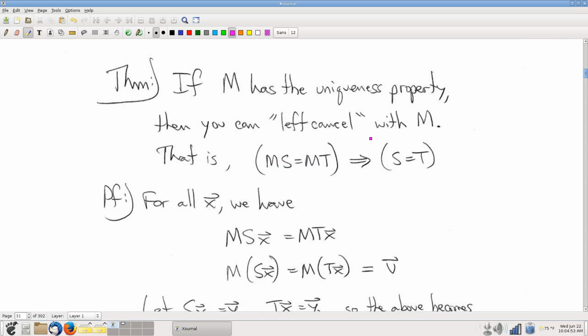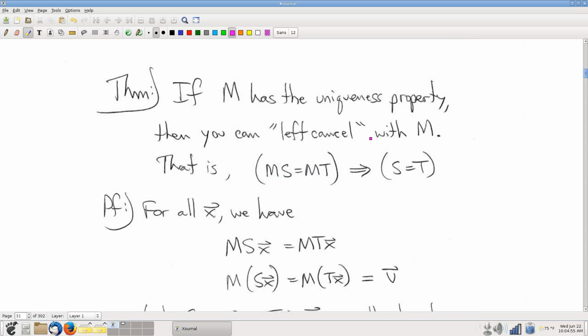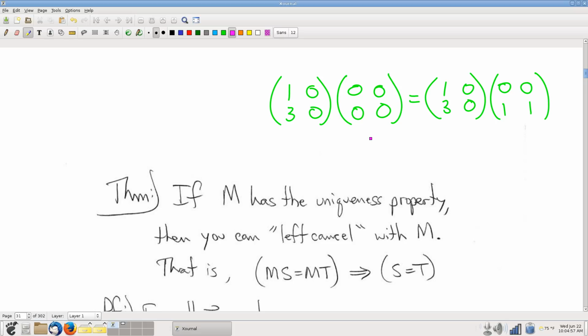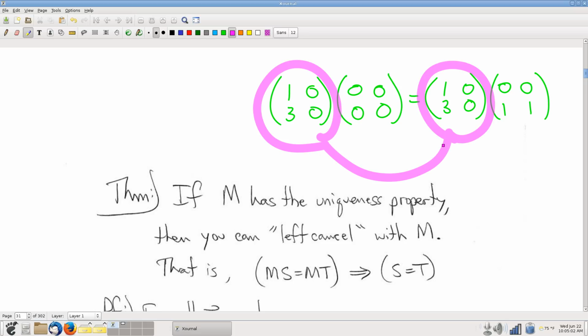Okay, now let me show you what goes wrong if a matrix does not have the uniqueness property. And here's an example I've prepared. Here we have a matrix. It's on the left, on both sides of the equation, same matrix. And there's a temptation to say, well, let's just cancel it. But look what happens when you do cancel it.